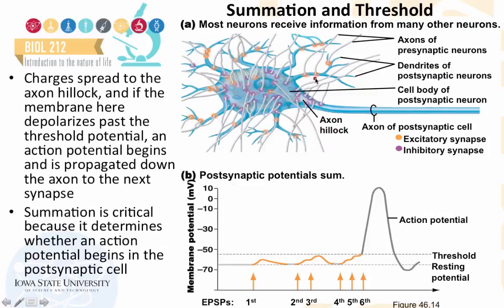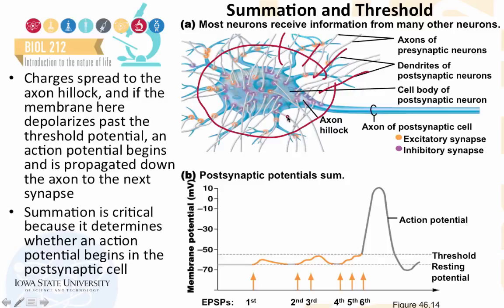As we can see in this image, there are several axon terminals that are connecting to the dendrites of this postsynaptic cell, postsynaptic neuron, and also the cell body of this neuron. The signals they're sending are either excitatory or inhibitory.